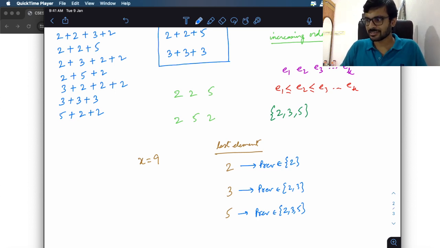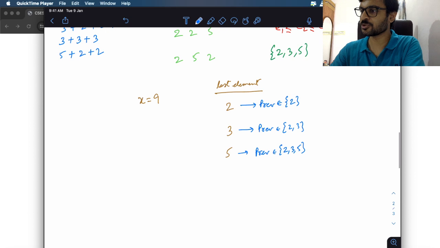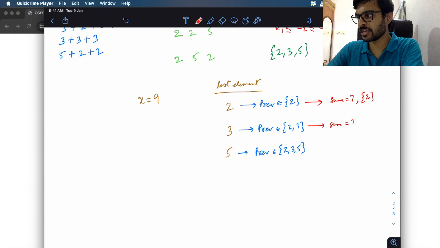So essentially, if our last element is 2, we are expecting x equal to 9 minus 2. We have taken 2 already, so give me sum equal to 7 using only 2. If the last element is 3, give me sum equal to 9 minus 3, that is sum equal to 6, using up to 3.